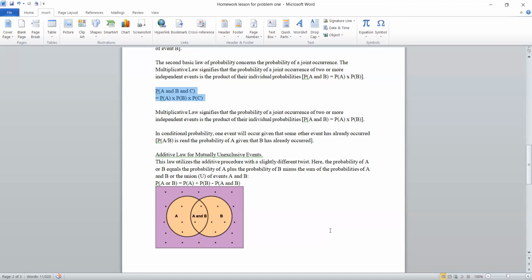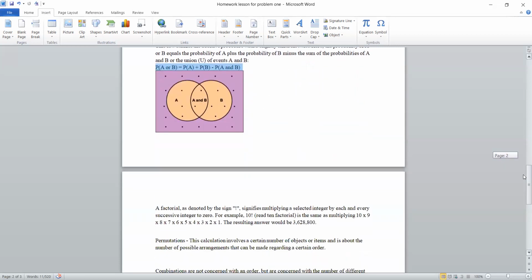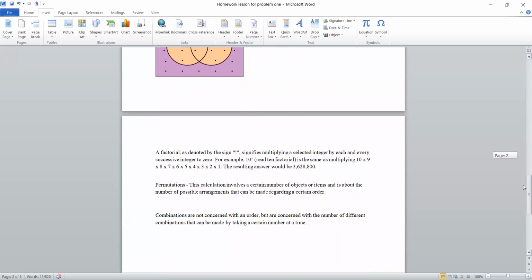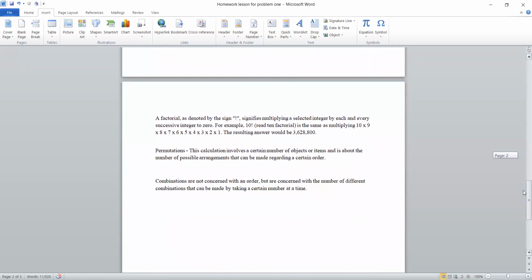Now, here's the formula right here. U signifies the union of events, these two things, but this probability of A or B, which we can calculate, is the probability of A plus the probability of B minus the probability of A and B. Okay. So again, we're going to use statistical calculators.